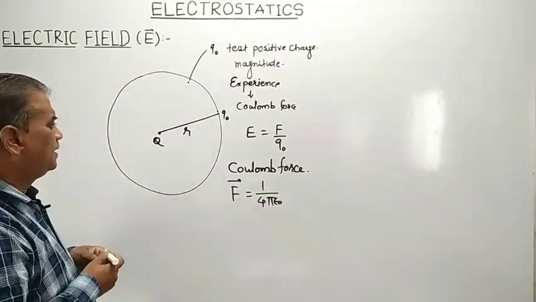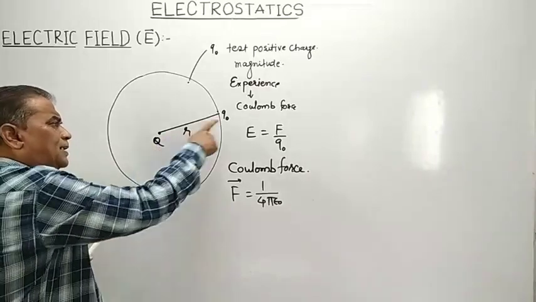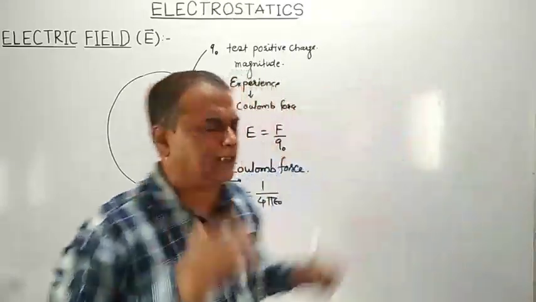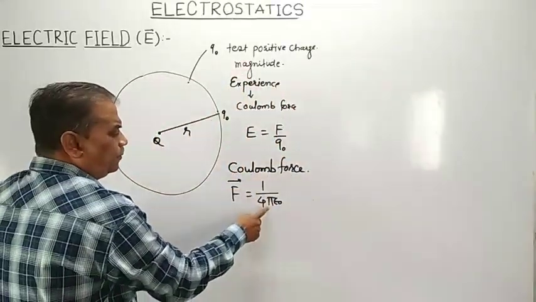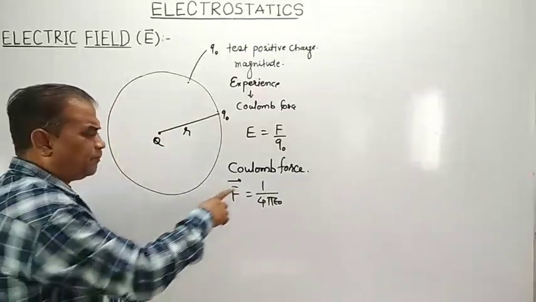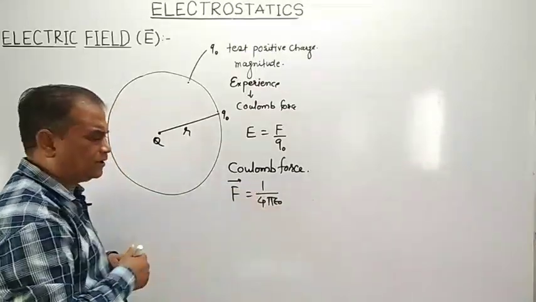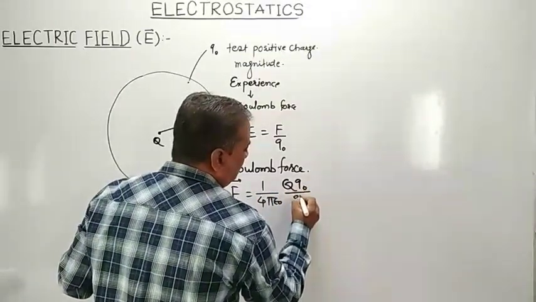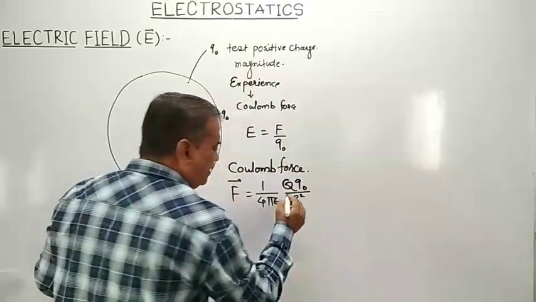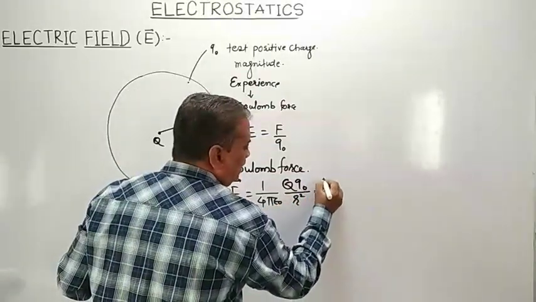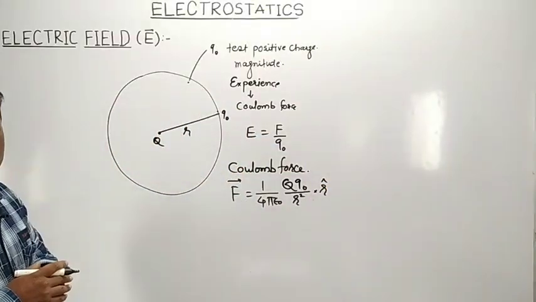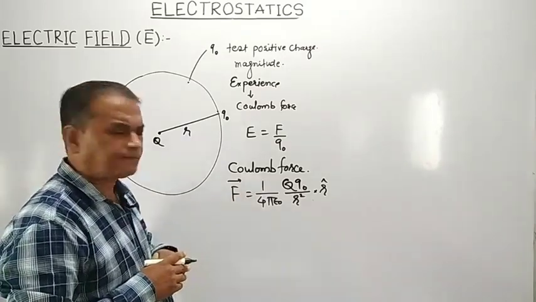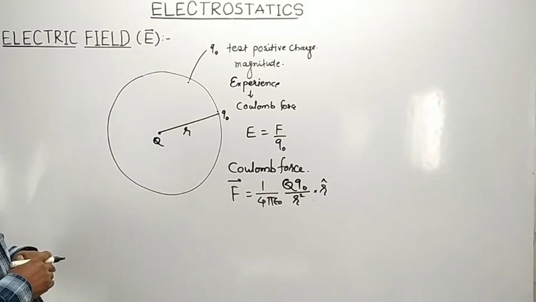If I consider that both the given charge Q and Q0 are kept in free space or in vacuum, then the constant of proportionality K is 1 upon 4 pi epsilon 0, and the product of the magnitudes Q Q0 divided by the square of the distance of separation between them, into the unit vector r cap.